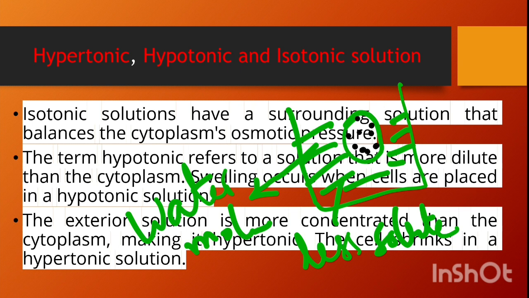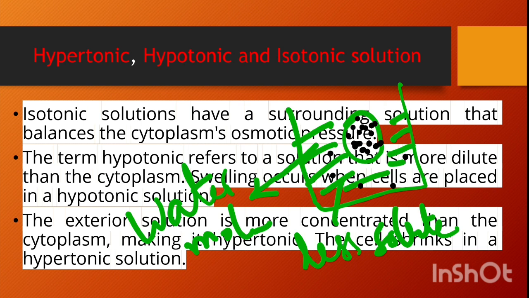Inside the cell the concentration of solute is more, and in the solution where it is placed, the concentration of solute is less. So ultimately the water molecules will move inside.